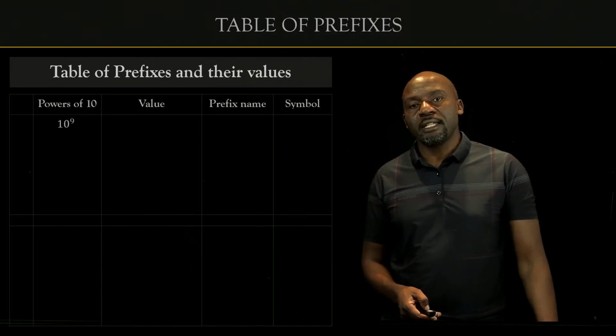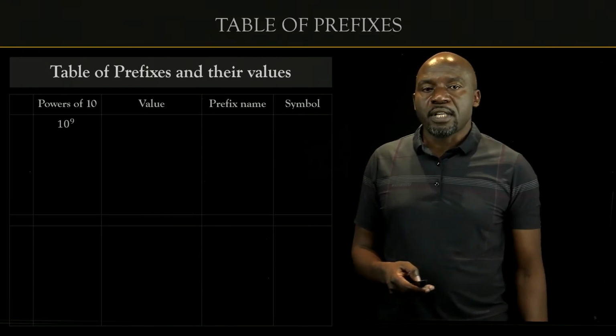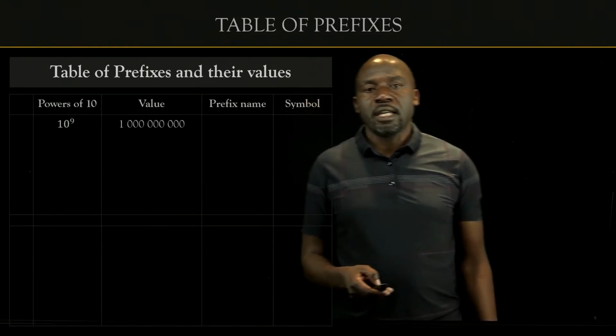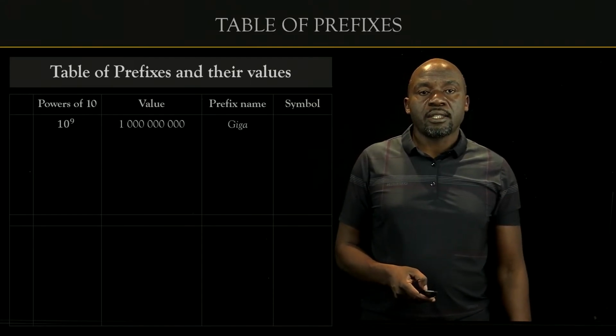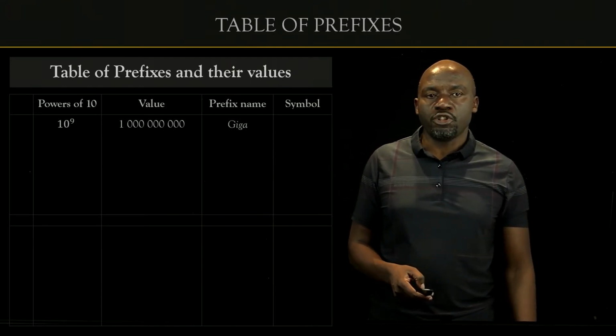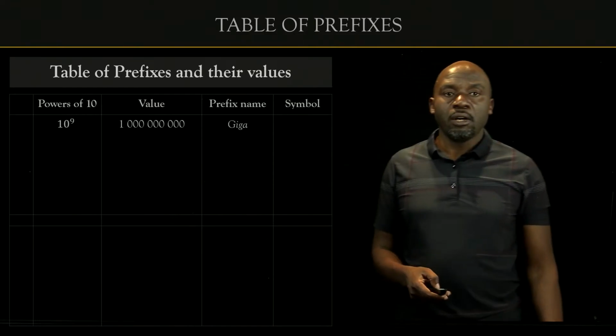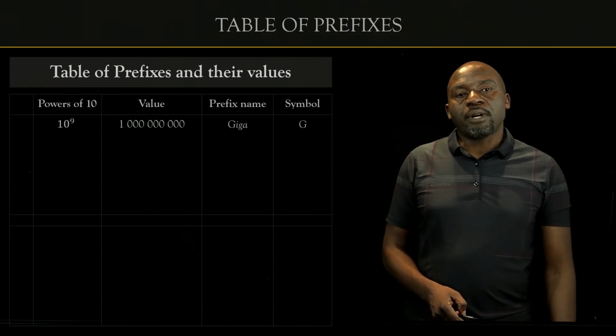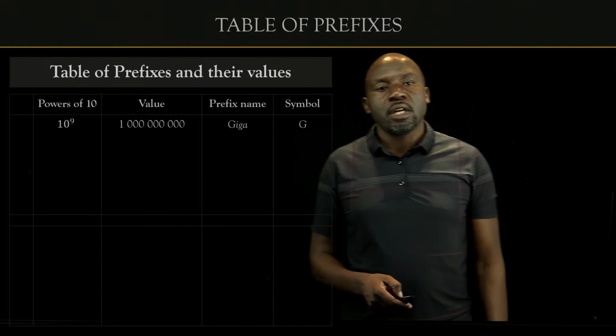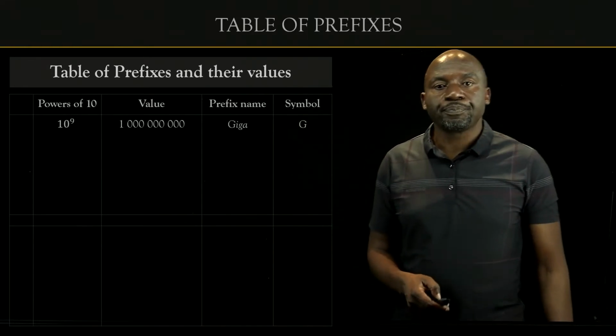So 10 power 9, which is basically 1 billion, is represented using the prefix giga. And the symbol for this prefix is capital G. So you can't use the lowercase g to represent giga. Okay? So the uppercase G, as in the example we looked at, gigabytes, for example.